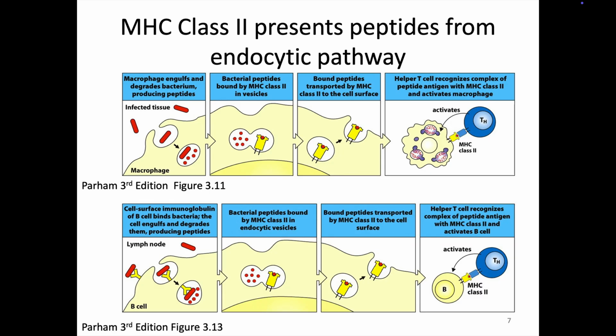When we talked about MHC class 1 last time, one of the things that we talked about was where MHC class 1 gets its peptides in the cell. And I told you that MHC class 1 gets its peptides from the cytoplasm of the cell.